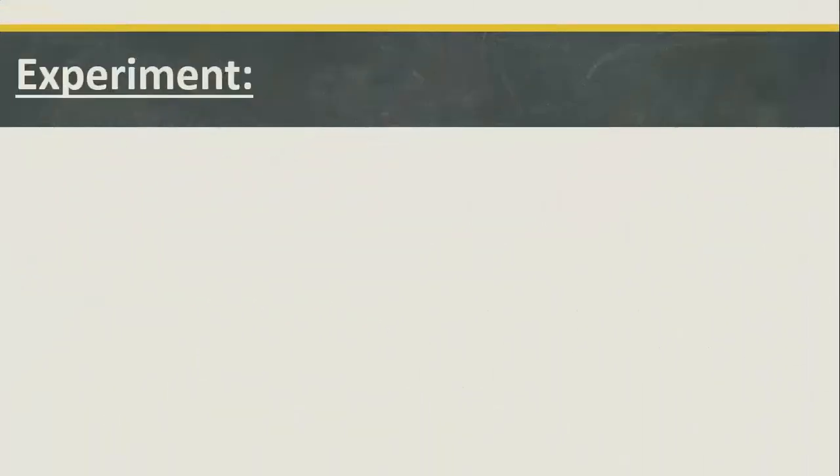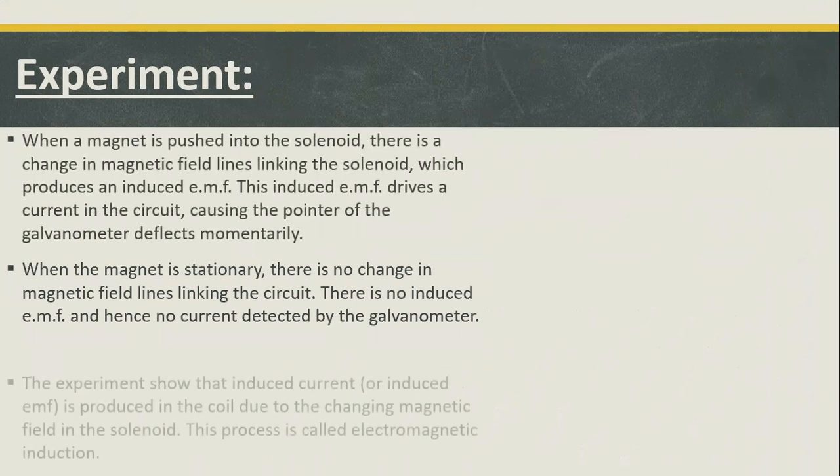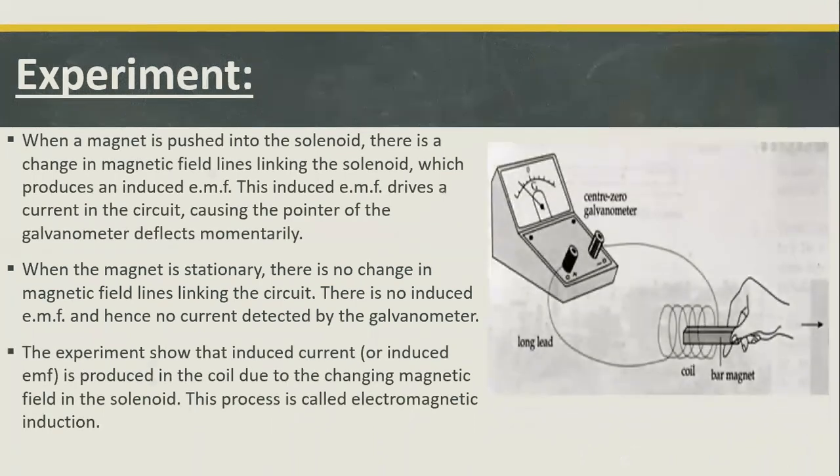We can understand the concept of electromagnetic induction with the help of Faraday's experiment. In this picture, you see a zero-centered galvanometer, G is written, a coil, a magnet, and this is the wire or solenoid.